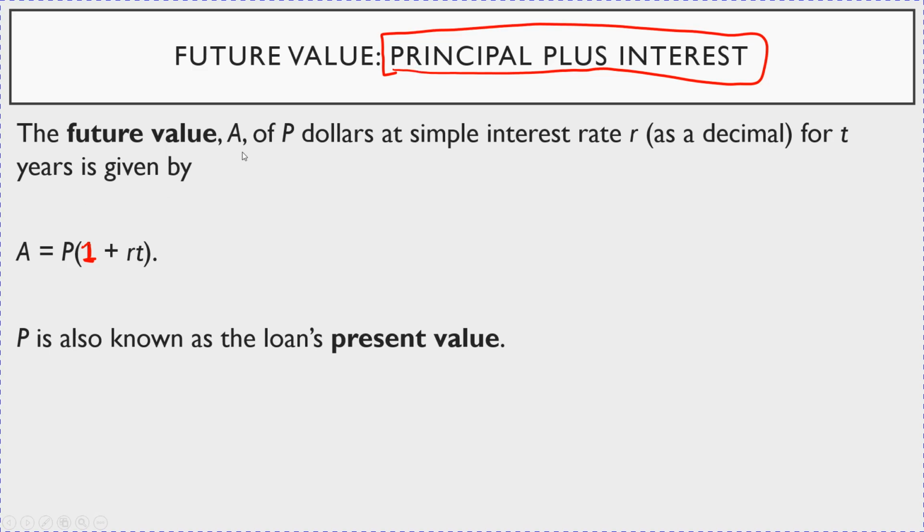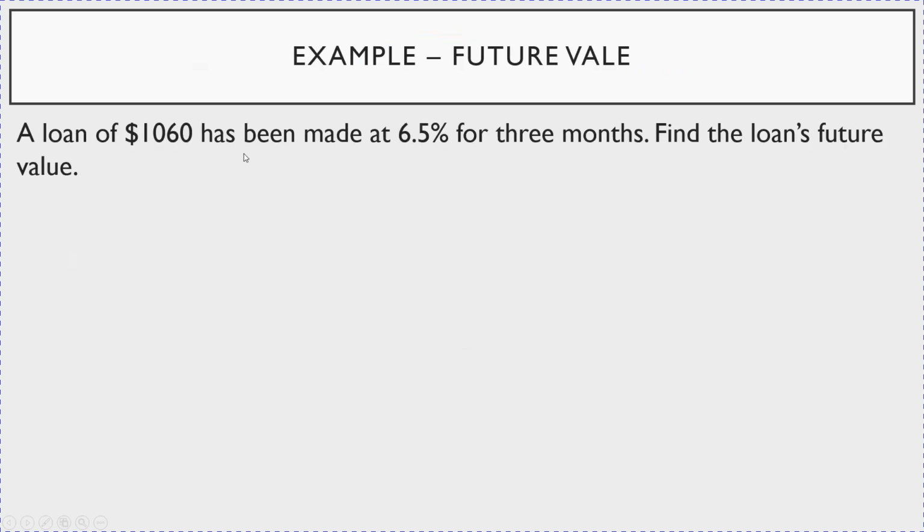All right, let's do a problem here. Ooh, so this is interesting. A loan of $1,060 has been made at 6.5% for 3 months. So here's the 3 months part now.